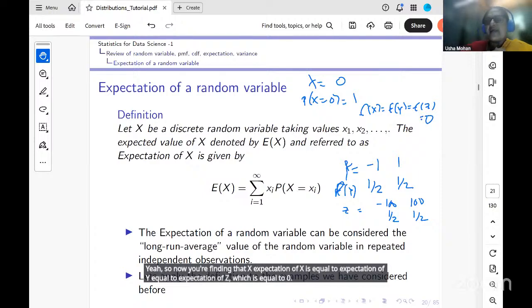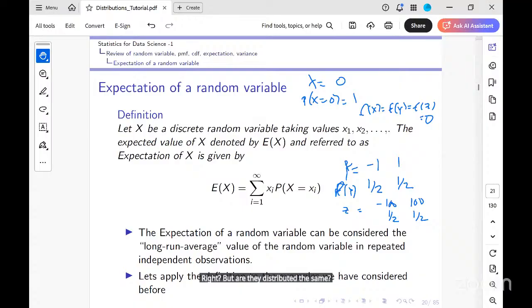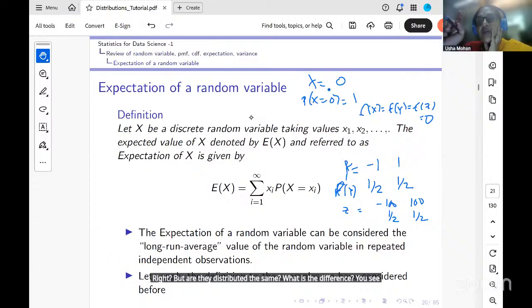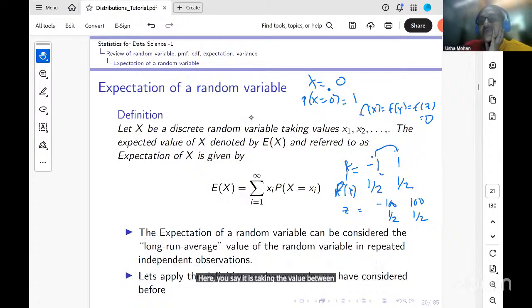But are they distributed the same? No. What is the difference? You see, here X is taking only one value with absolute sure probability: X equal to 0 has probability 1. Y is taking values between -1 and 1, and Z is taking values between -100 and 100.